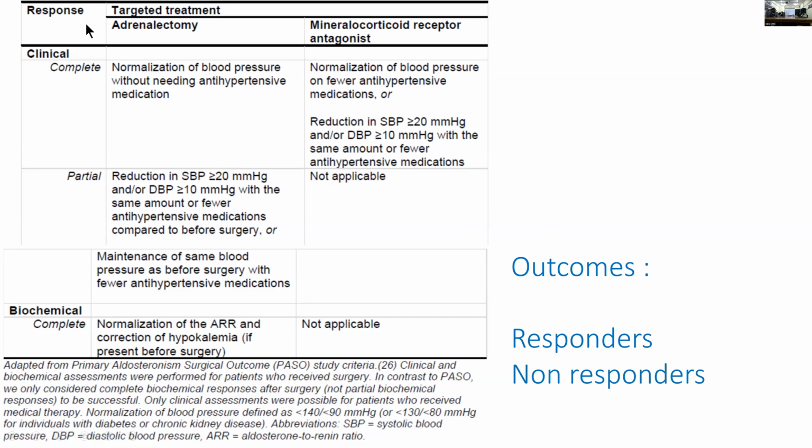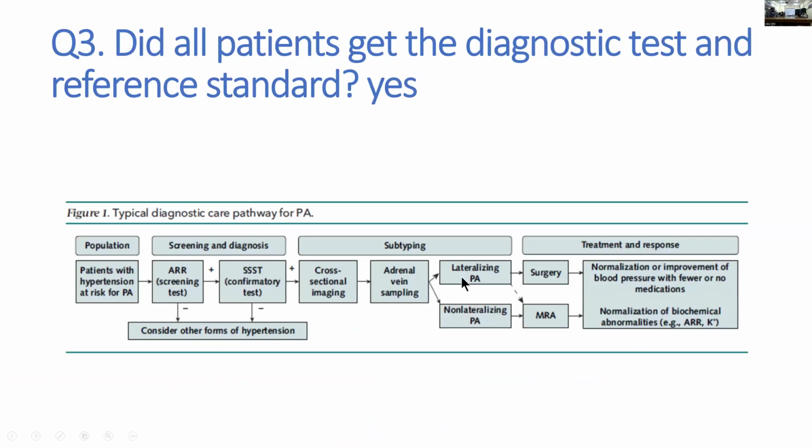The people who underwent surgery, they also looked at if the hormone ARR ratio had come down after surgery. The clinical outcome was tested 6 months after the treatment was given. So the outcomes they had put as responders who had responded to this or non-responders who showed no response.